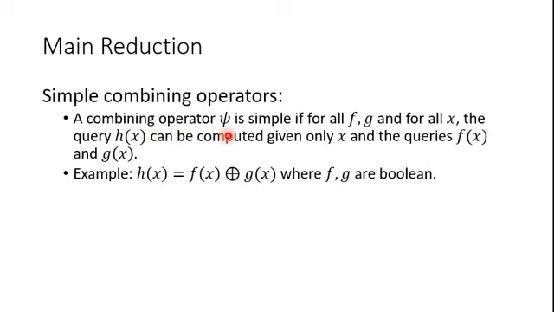A combining operator psi is called simple if for all f, g and for all x, the query h(x) can be computed given only x and the queries f(x) and g(x). An example would be h(x) defined to be f(x) XOR g(x), where f and g are Boolean functions. This is simple because it depends only on x and the queries f(x) and g(x).